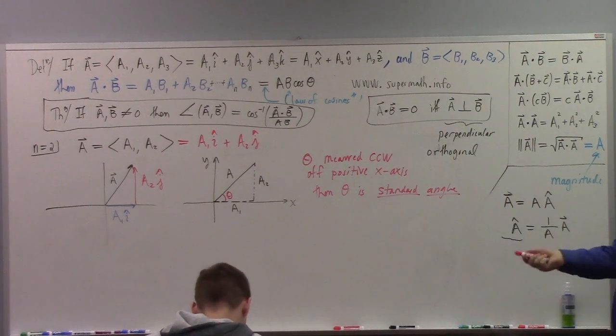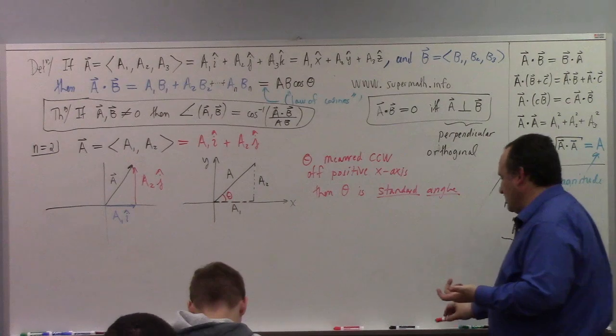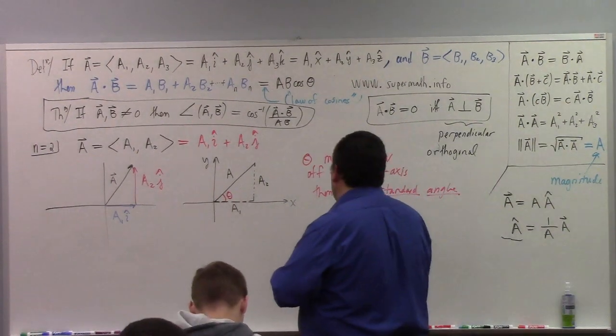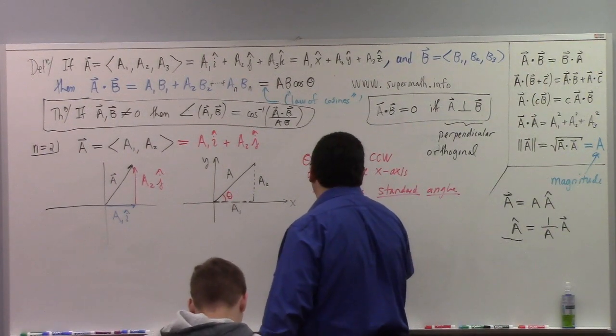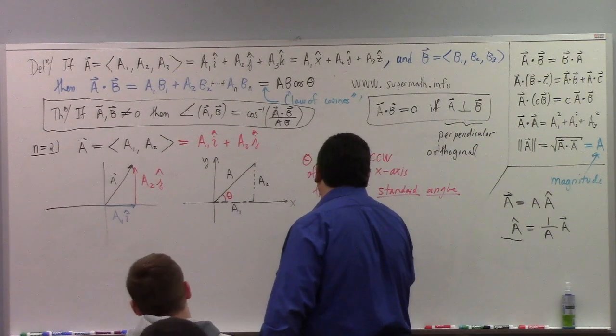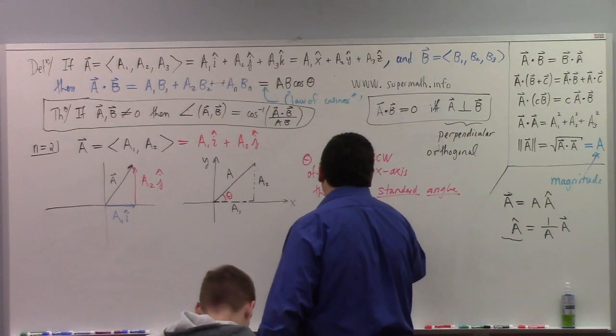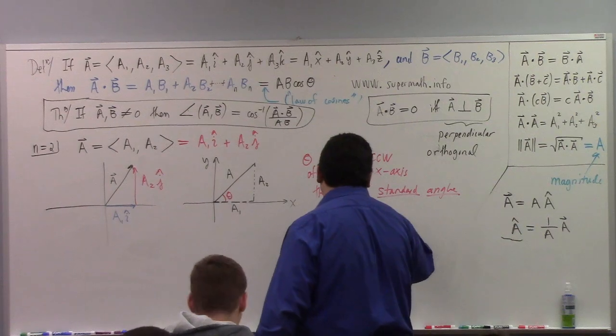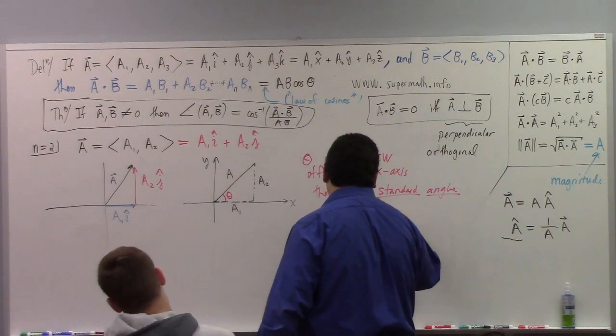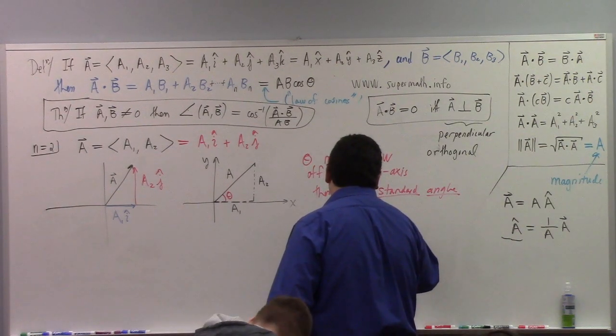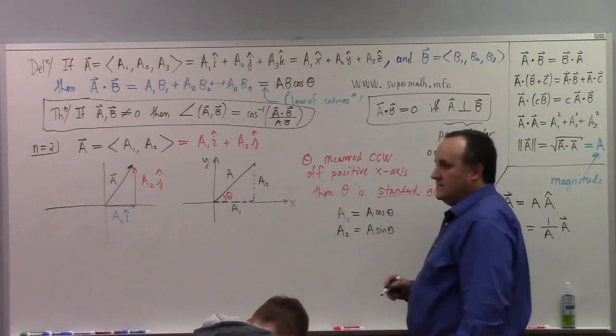And what are the formulas for A1 and A2 as they relate to the standard angle? Like A1 is what? What's A2 in terms of the standard angle? A1 is A cosine theta. A2 is A sine theta. Very good.